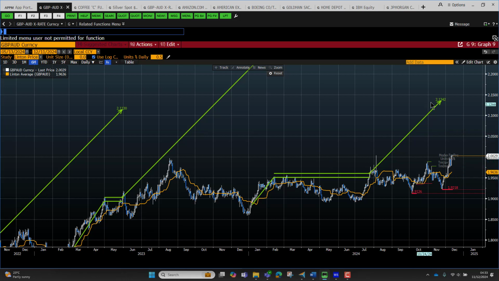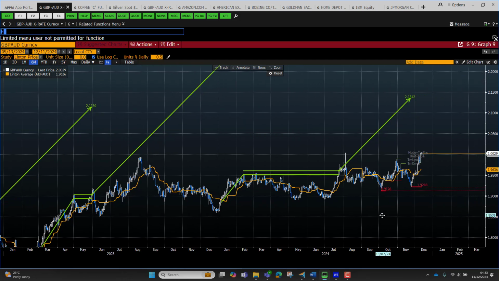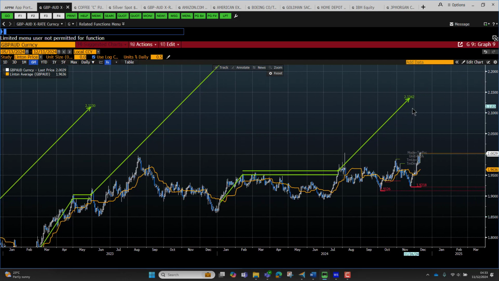This 213 target is hanging over us, and if you want to track this, you could go to smaller unit sizes or go to the 60-minute charts for shorter term moves.